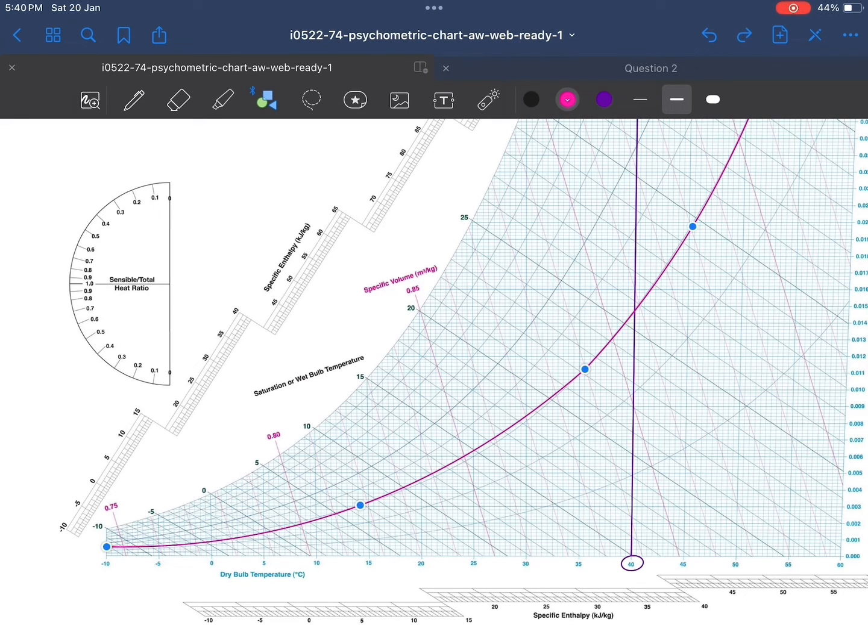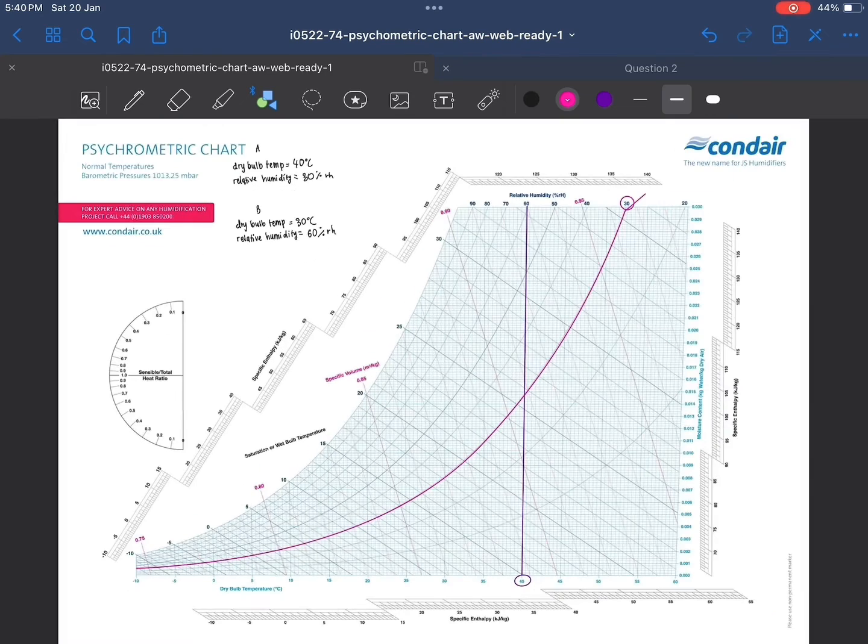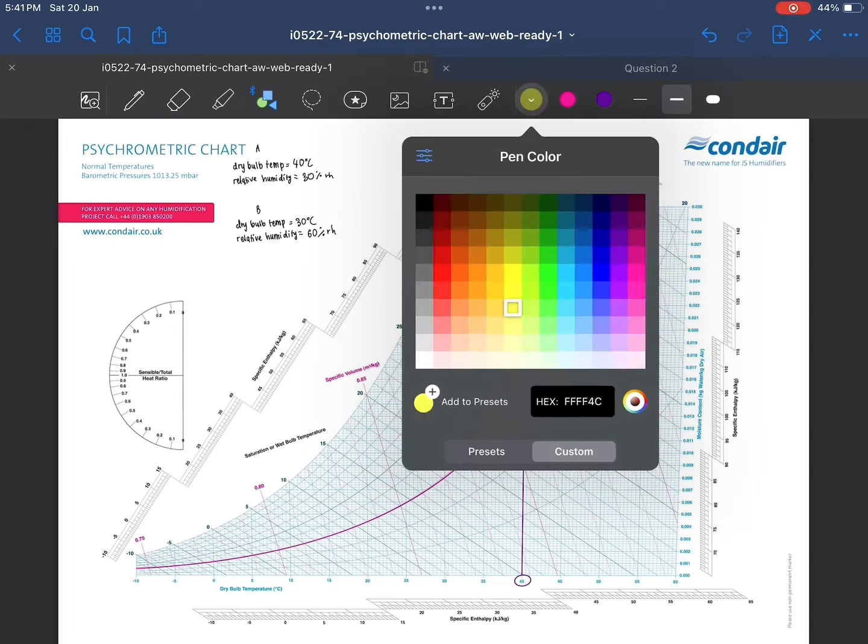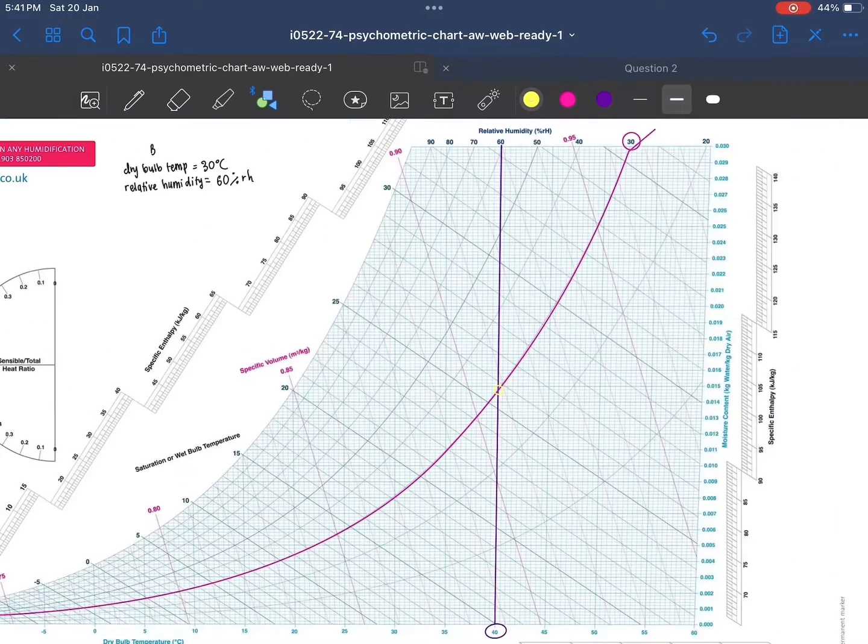From these two lines, find the intersection. I'm going to mark with yellow color. And then, to find the wet bulb temperature, draw an oblique line that touches the intersection.